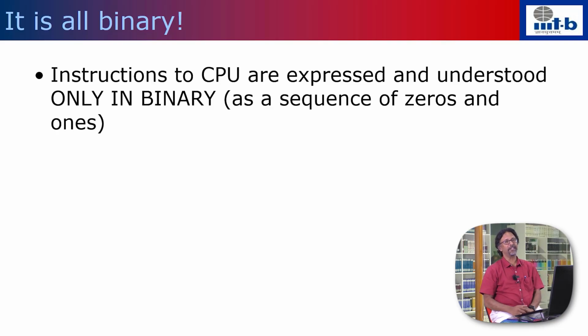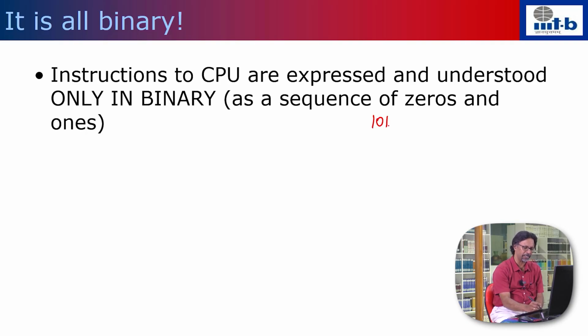This also means that the instructions, you remember I said that the CPU carries out instructions, right? So the instructions have to be told in some form. How is it told? It is expressed in the form of a binary string, correct? So if you want to say, add two numbers, you can imagine that there is an instruction.